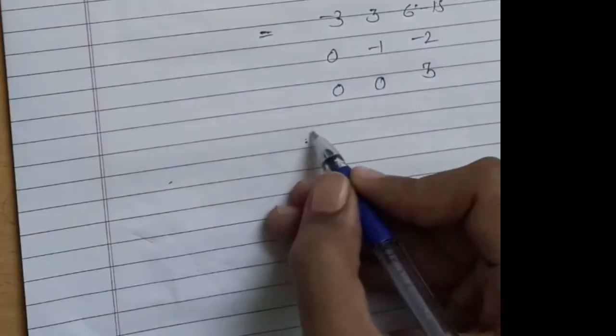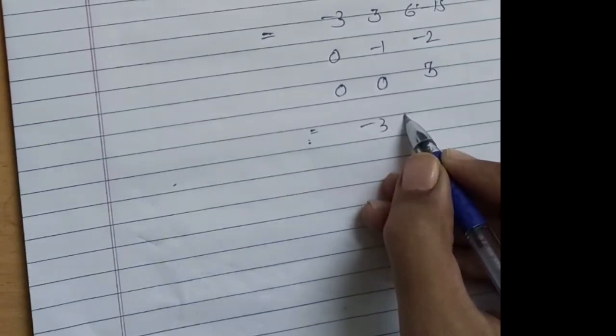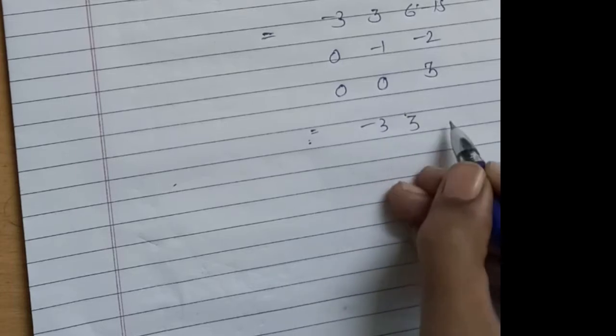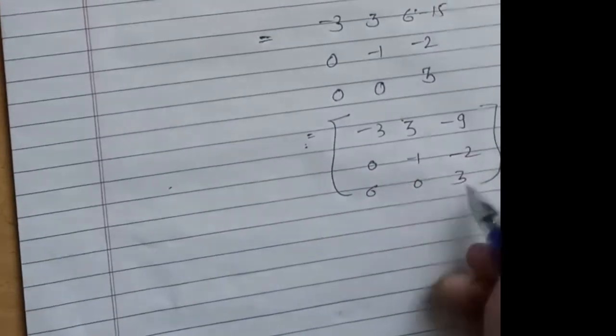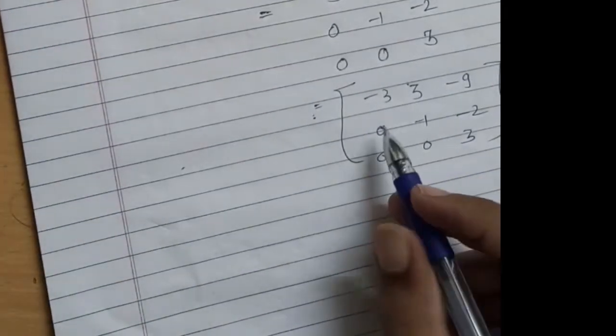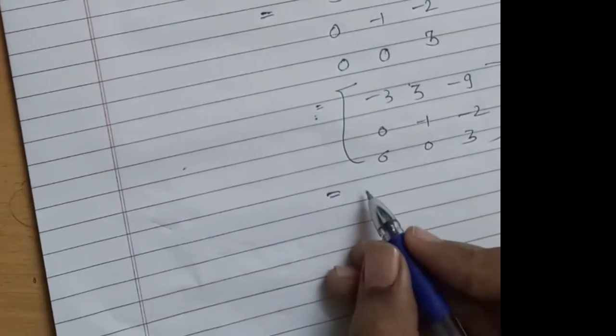So we get our matrix as minus 3, 3, minus 9, 0, minus 1, minus 2, 0, 0, 3. This is our matrix. We have to take the transpose of it, and after taking the transpose we will get the adjoint.